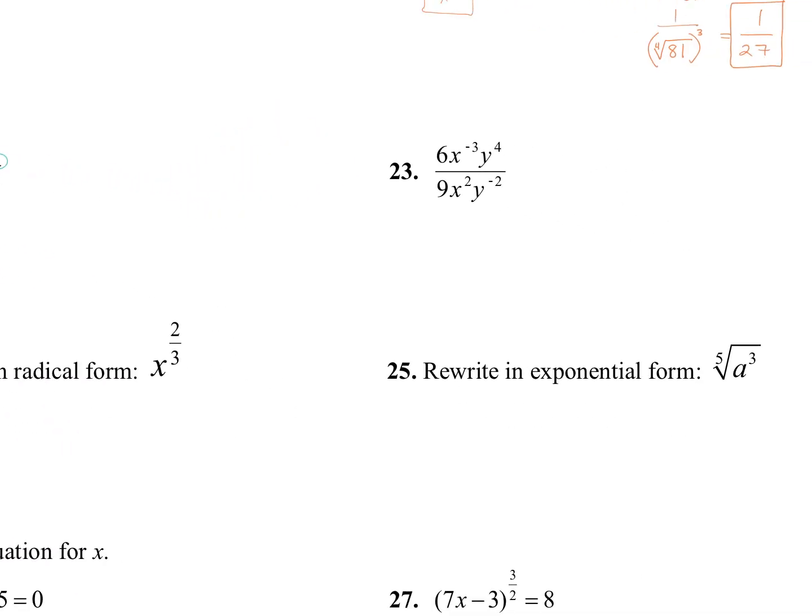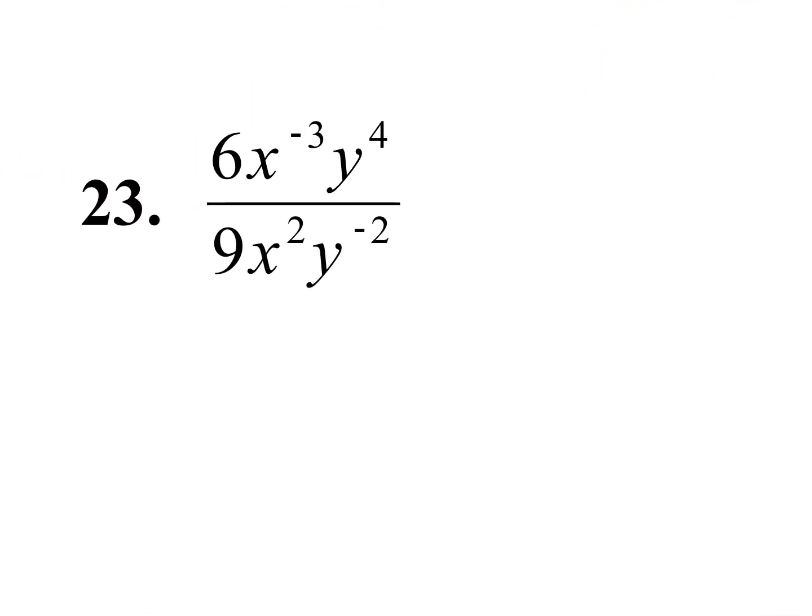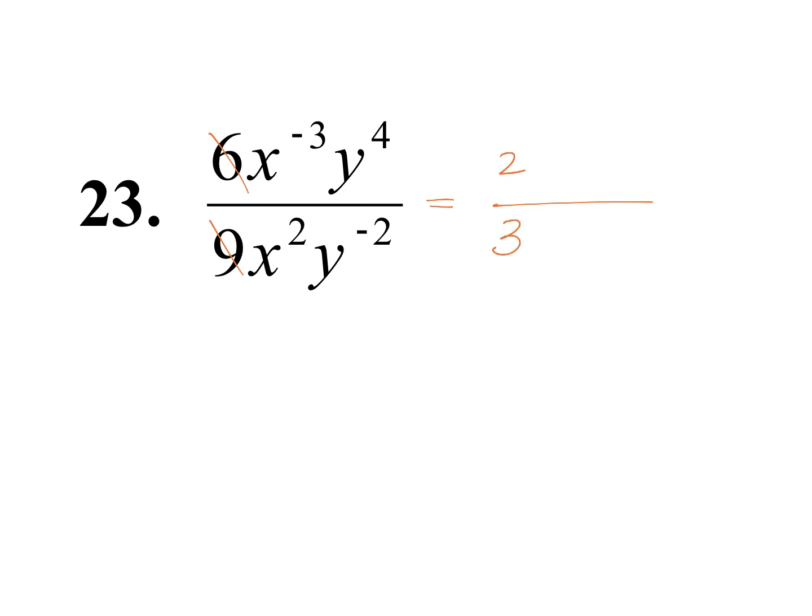All right, 23. Let's do some simplifying here. So you have 6 over 9, which will reduce to 2 over 3. And I feel like this is where a lot of mistakes get made, you guys. What do you do with this? You subtract. Be careful when you subtract. Negative 3 minus 2.